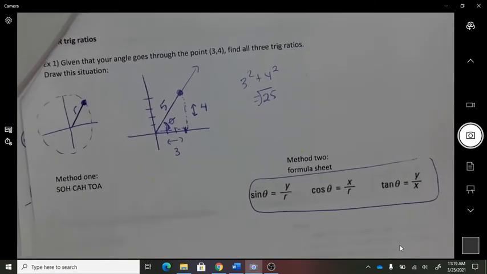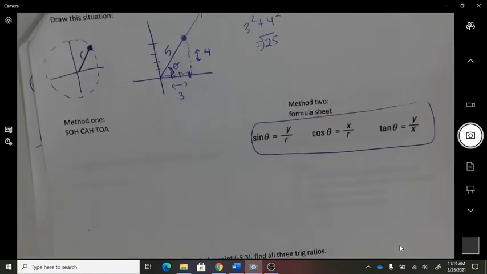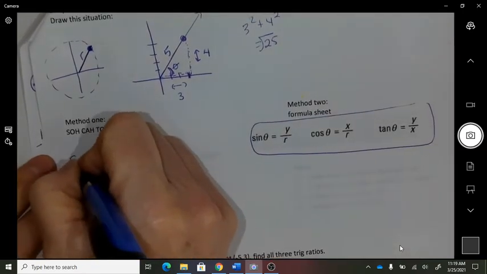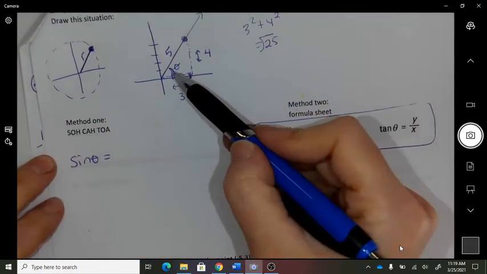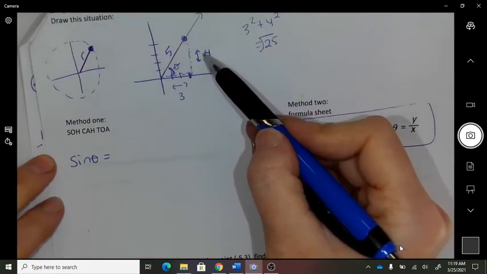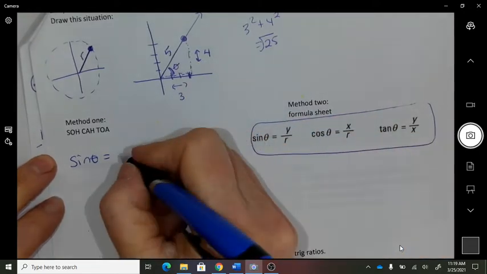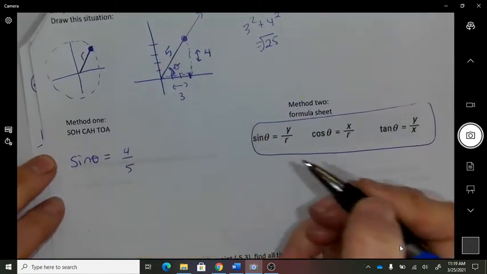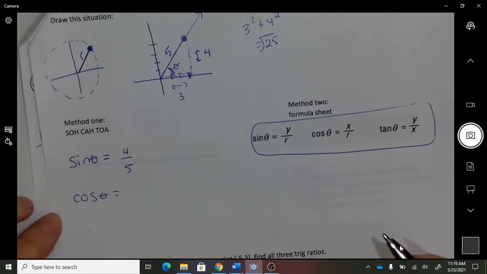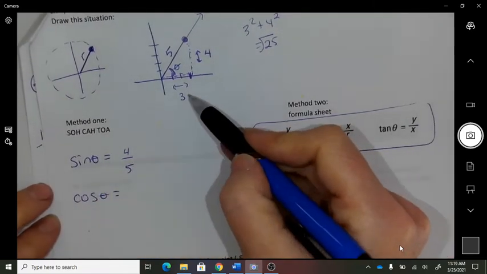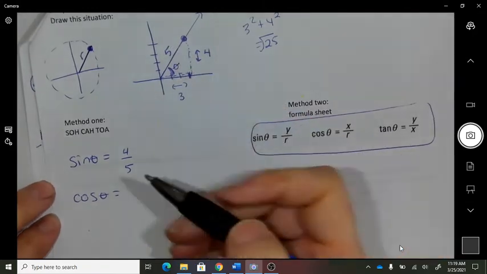Okay, I'm going to show you how to find the ratios, and I'm going to think about it two different ways. So method one is your SOHCAHTOA method. The sine of this angle is the opposite side, so that's 4 divided by the hypotenuse, 5. The cos of this angle is the adjacent side, so 3 divided by hypotenuse.